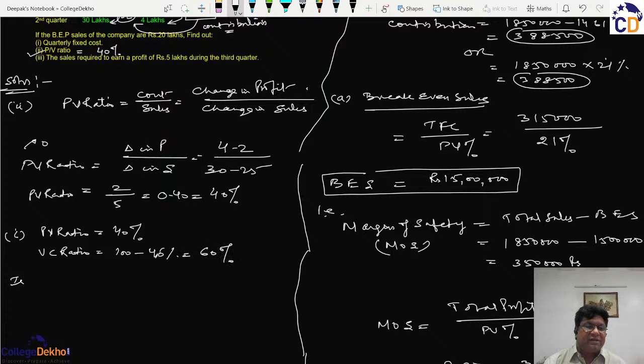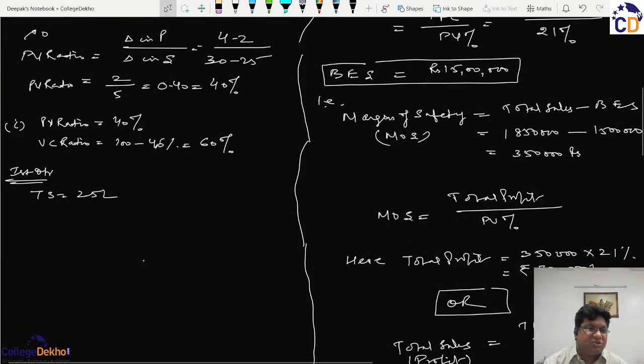So if I take the first quarter, because the total sales is 25 lakhs and the VC ratio is 60%, the variable cost is 60% of 25 lakhs, that is 15 lakhs.